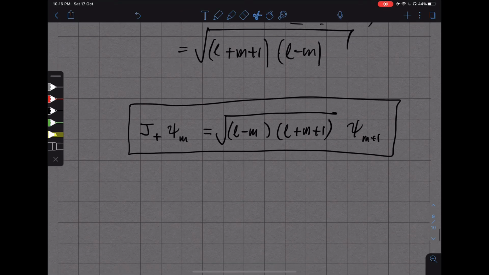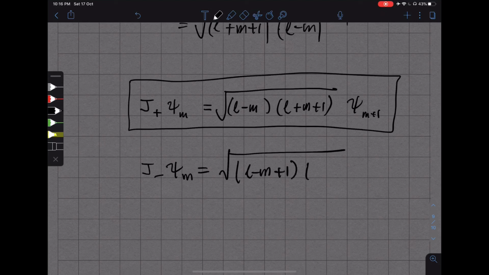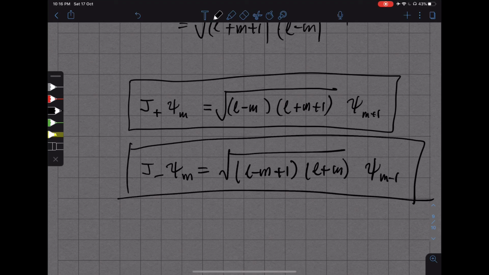So similarly, by using the value of C, which is related to D, we find that J minus acting on psi M gives me the square root of L minus M plus 1 times L plus M, psi of M minus 1.